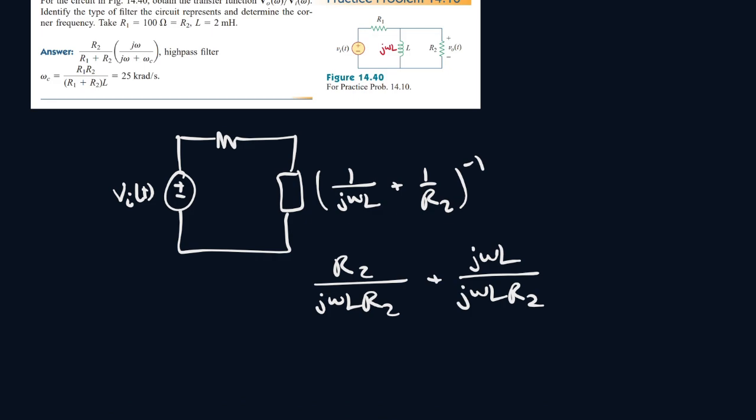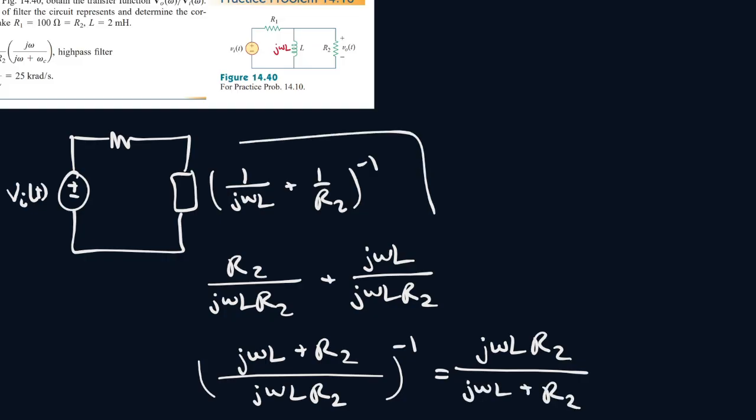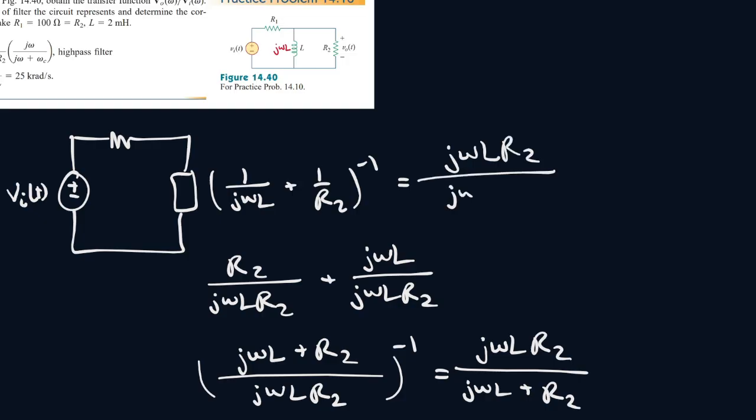Then this is just JWL plus R2 all over JWL R2, all to the power of minus 1, and that's just JWL R2 all over JWL plus R2. So we can replace that with this.